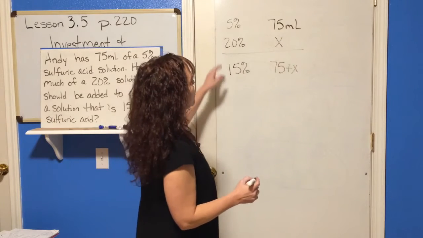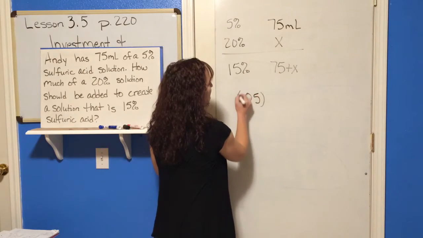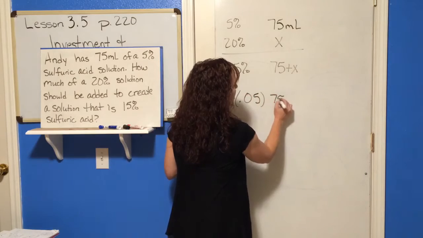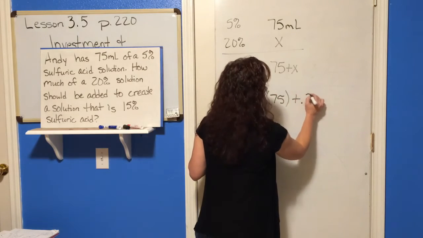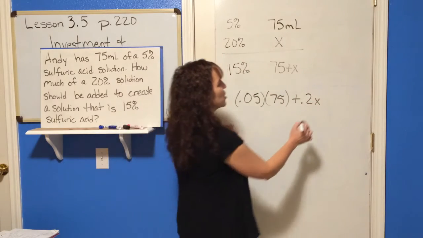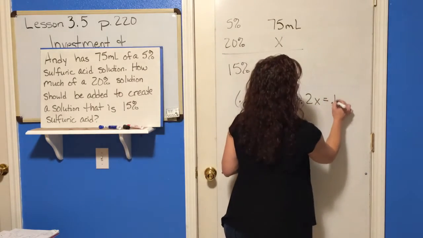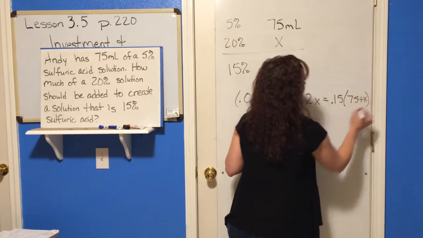So let's set up an equation that looks like that. 0.05, 5%, times 75 milliliters plus 0.2x, because I moved my decimal 2 places over, and that should equal 0.15 times (75 plus x).